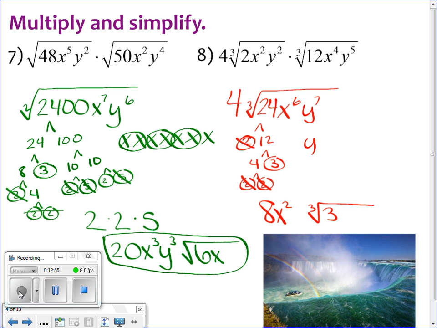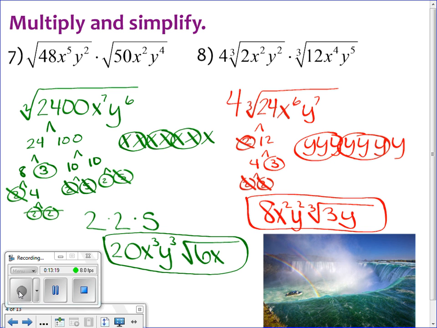And then here, again, 1, 2, 3, 4, 5, 6, 7. I need groups of 3. So I have 2 groups of 3, y squared. And then there's another y that's left over. So 8x squared, y squared. Cubed root, make sure you get that little 3 in there, of 3y. Oh, forgot that little thing. You will lose a point every single time you forget that index.